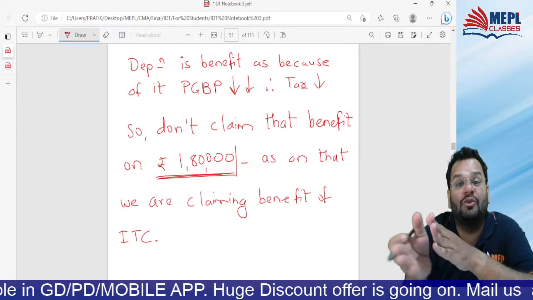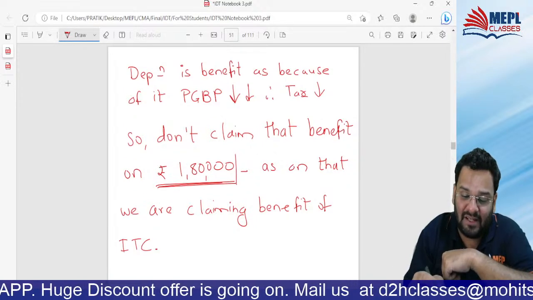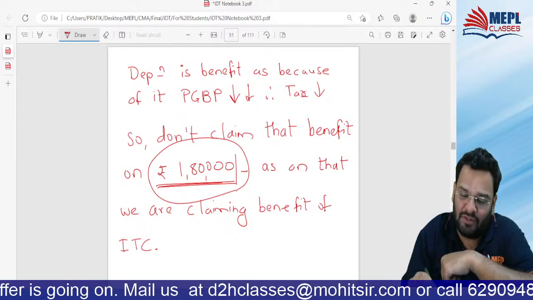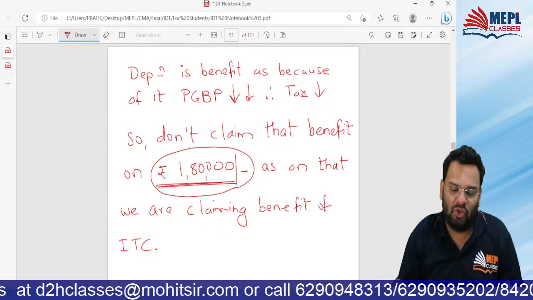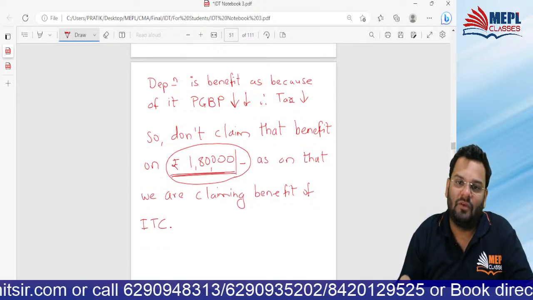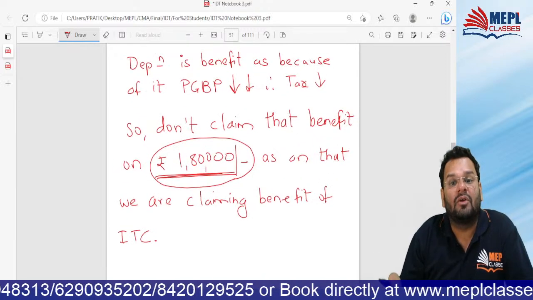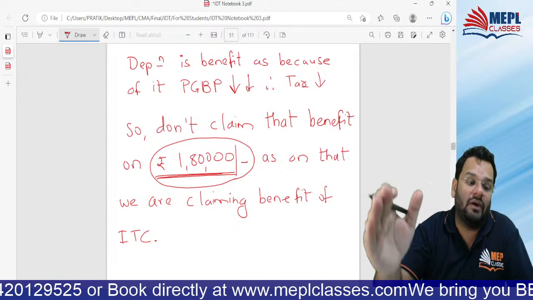Better that you are directly saving GST of 180. So obviously directly claiming 180 is beneficial. Don't go for claiming depreciation on that. Never recommend it. When you have that option available, always seek to claim the benefit of ITC.